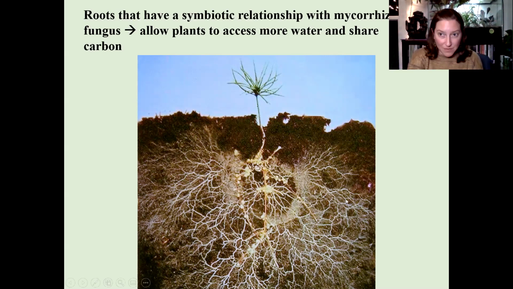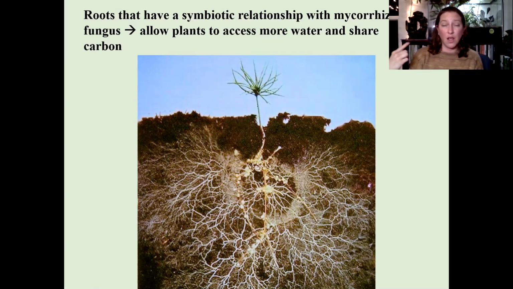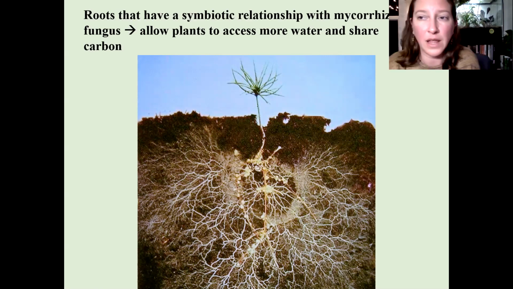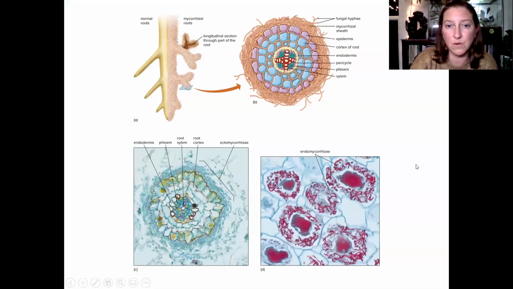Well, in real life, this happens. The roots of lots of different plants, for example in a forest, are all connected by fungus. And the fungus allows the plants to access more water from soil. And the fungus actually allows plants sometimes to share carbon, like sugars, back and forth across the fungus. Yeah, it's cool.